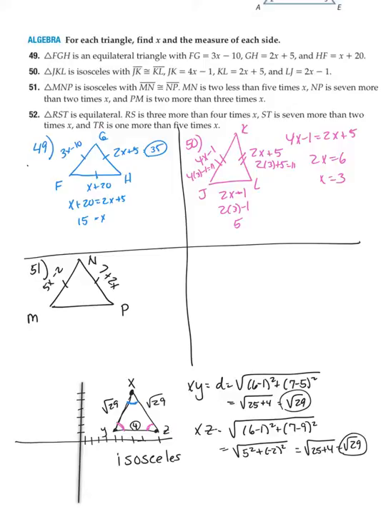Those are our two equals. PM is 2 more than 3 times x. So the two sides that equal, we're going to get 3x equals 9, or x is 3. Then let's plug in. That's going to give us 2 plus 9 down here, or 11. 15 minus 2 is 13. 7 plus 6 is 13.